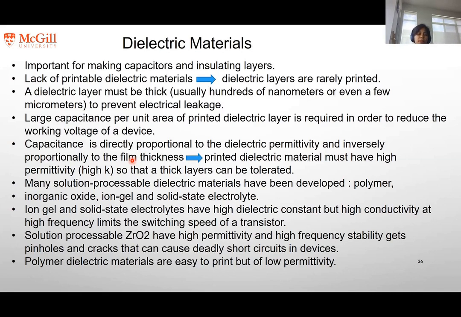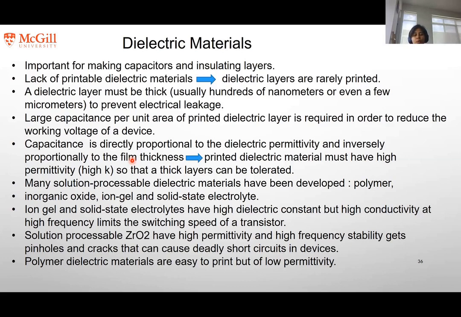People have used zirconium oxide, which is solution processable and also has high permittivity, and it also has high frequency stability. But the problem is it gets pinholes and cracks that can eventually lead to short circuit of the devices. There are polymer-based dielectric materials, but they have low permittivity, but you can print them.